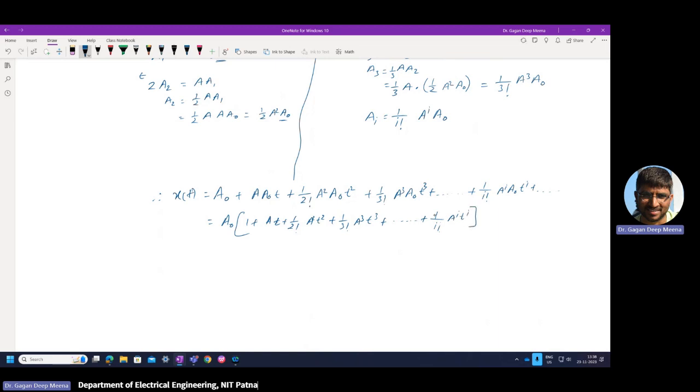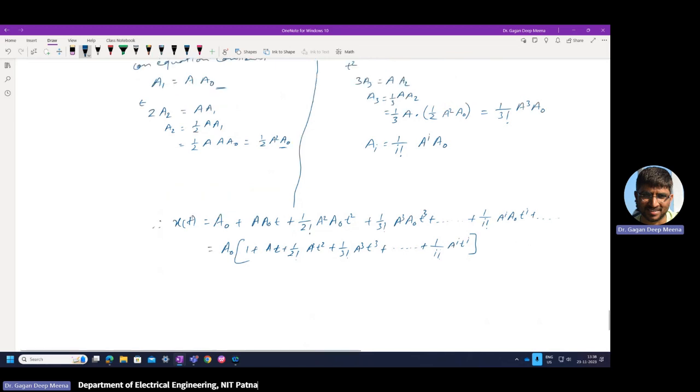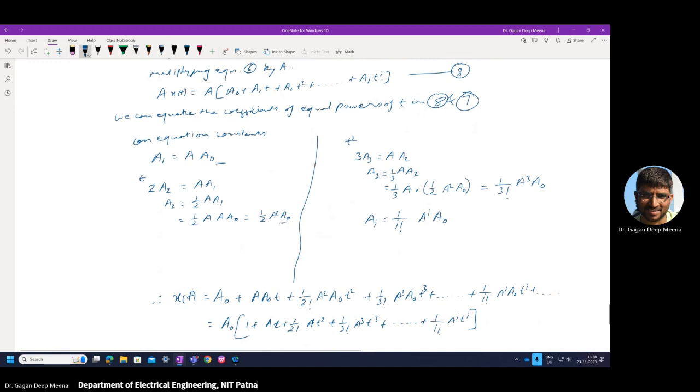And does it look like something familiar? Here I is nothing but a unit matrix. With I it will be just multiplying 1.